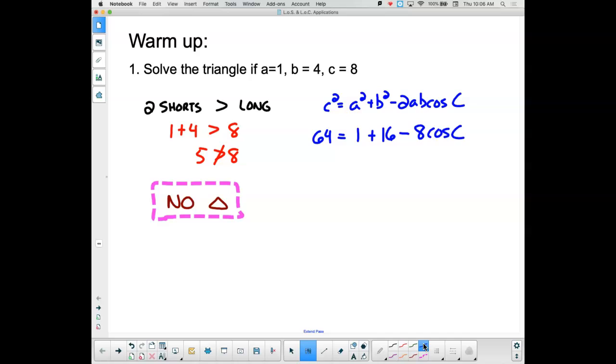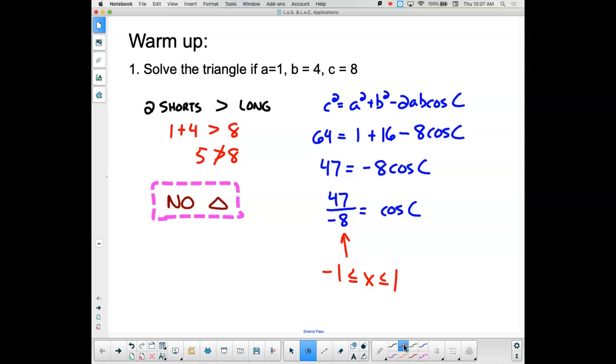Subtract 17 from both sides, gives me 47 equals negative 8 cosine of C. Divide by negative 8. 47 divided by negative 8 is equal to the cosine of C. And this number has to be between negative 1 and positive 1.